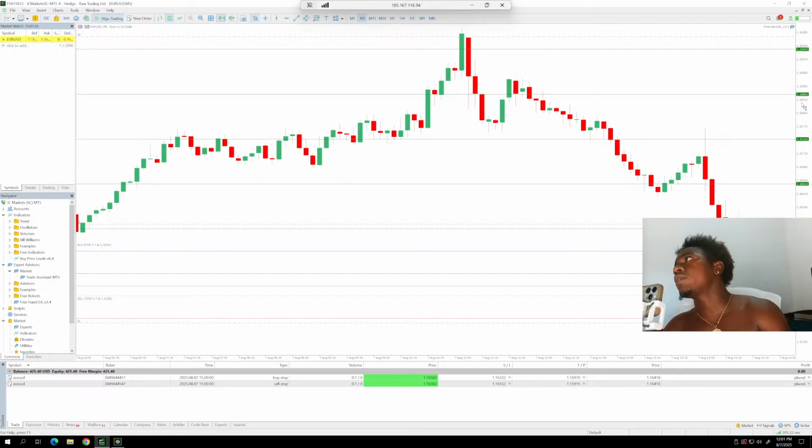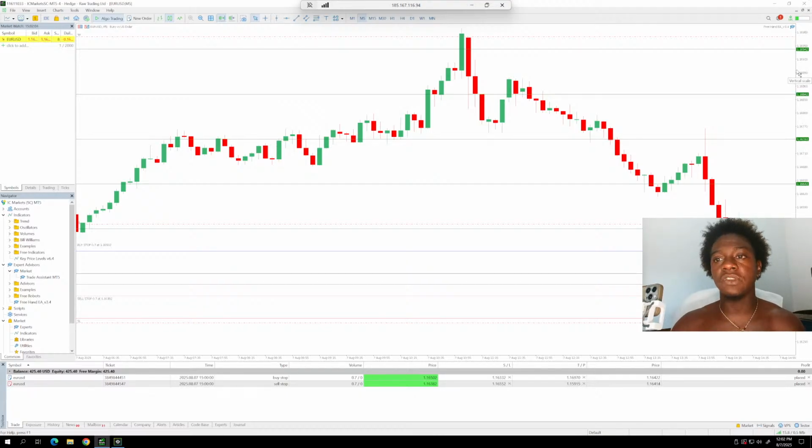This one is a difference of about a micro, less than a micro. You got a mini pip. You got an increment of a pip. Instead of 1.16940, it's at 1.16942.